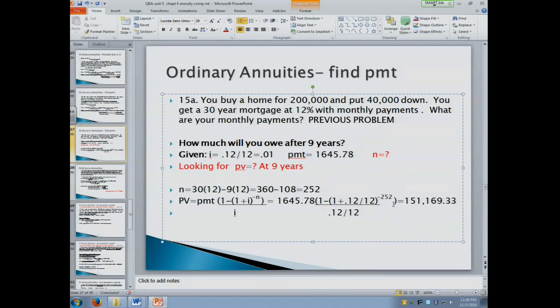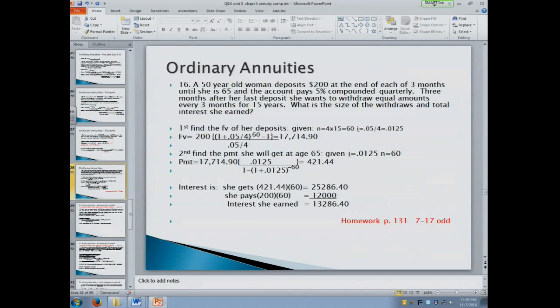So the present value of the house is $151,169.33. We started owing, remember, $160,000. So even though we've made 108 payments of $1,645.78, we still owe over $151,000.